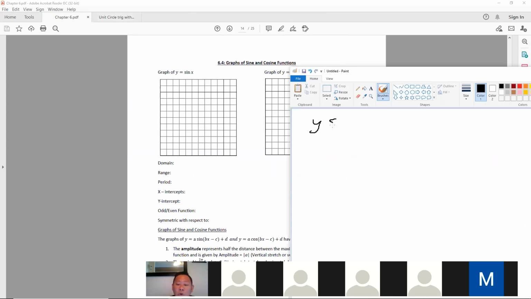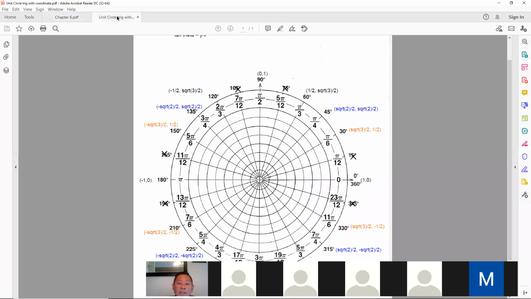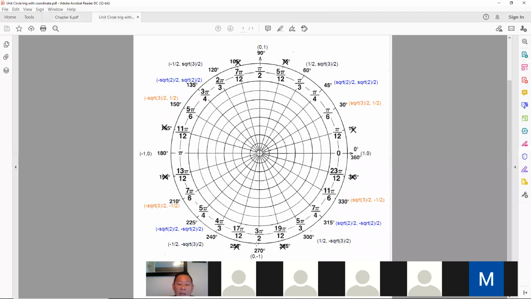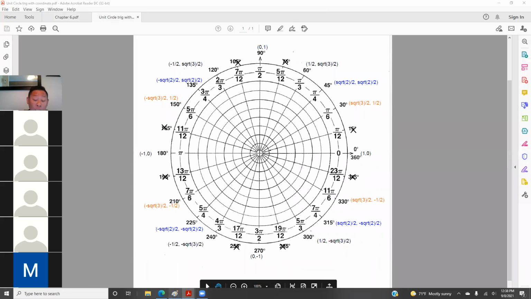In order for us to draw the sine graph, what you need to know is that your x, when you plug in your x and y, in this case has to be an angle, okay? Because sine takes an angle. So the numbers that we use here are 0, 90, 180, 270, and 360, but we're going to use them in radians instead of degrees.